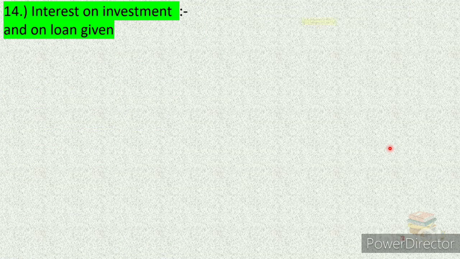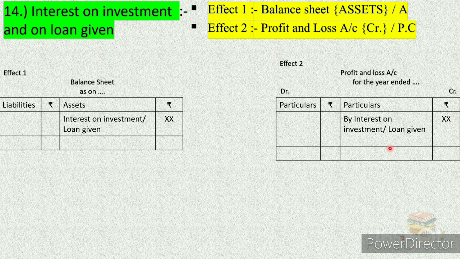13th, it is interest on investment and on loan given. Two effects: balance sheet asset side and profit and loss account credit side.